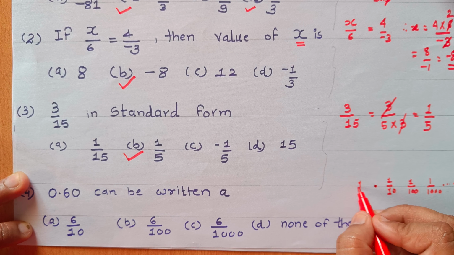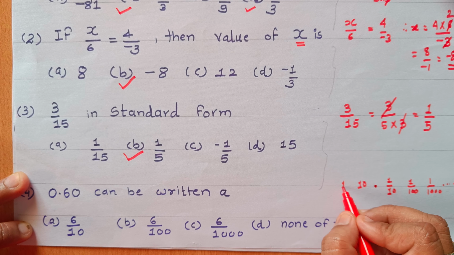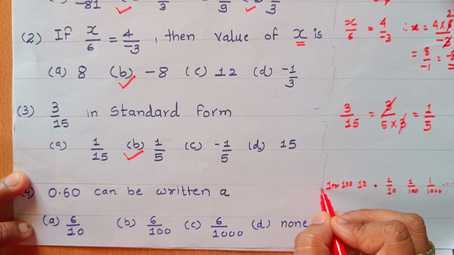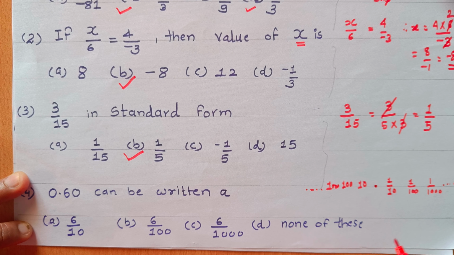On this side, 10, 100, 1000, 10,000. So on this side, 1 by 10th, 1 by 100th, 1 by 1000.